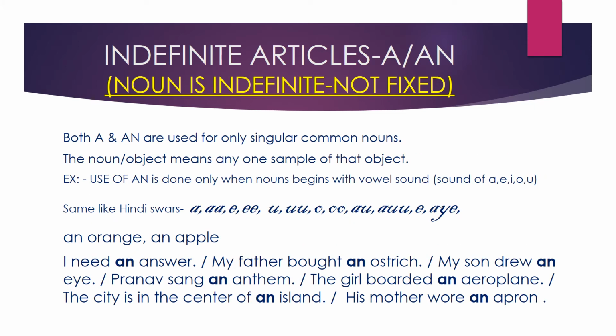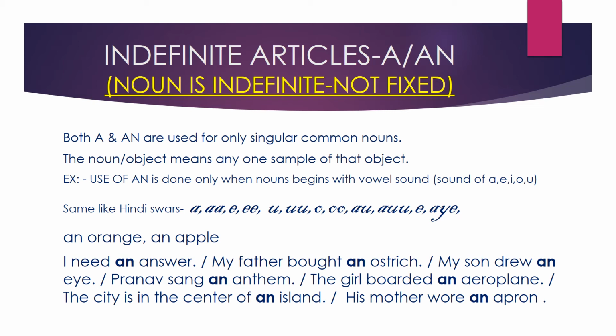Now let's understand. Both a and an are used for only singular common nouns. But what is the difference between the use of a and an? The use of an is done only when the noun begins with a vowel sound. Vowel sound is the sound of vowels a, e, i, o, u.